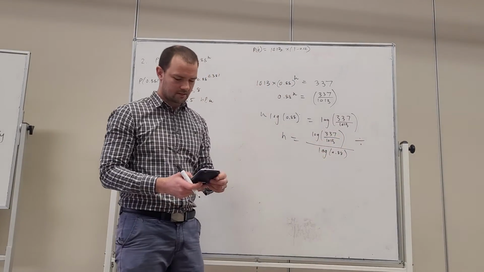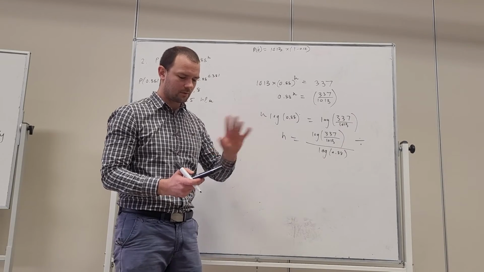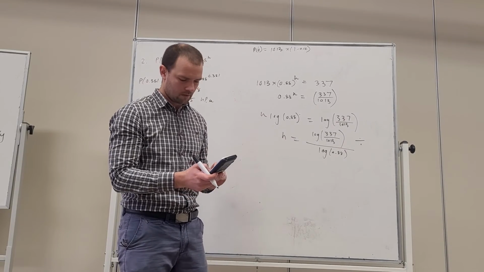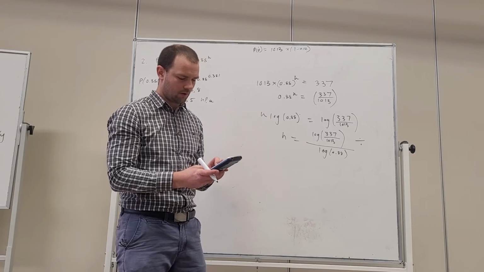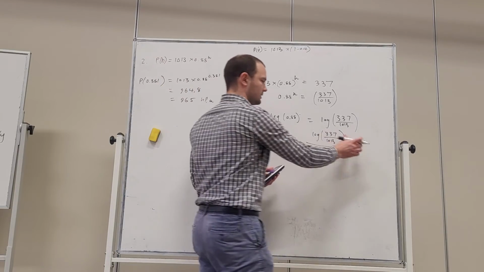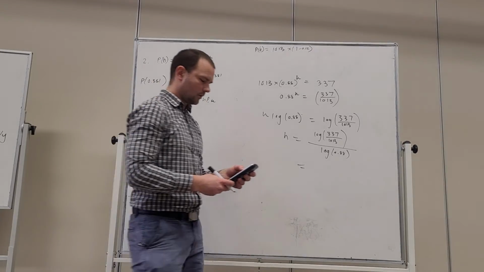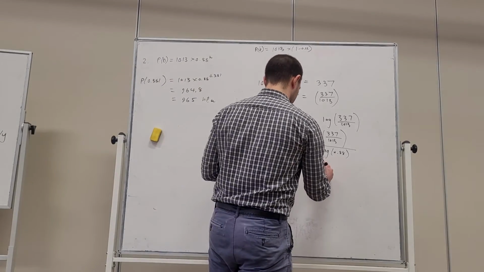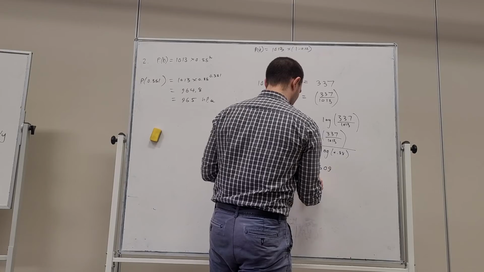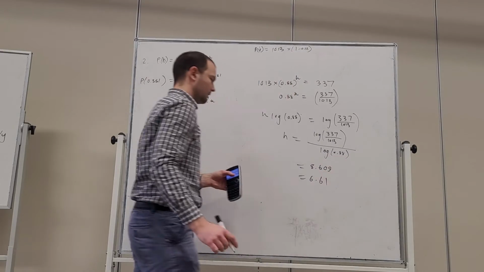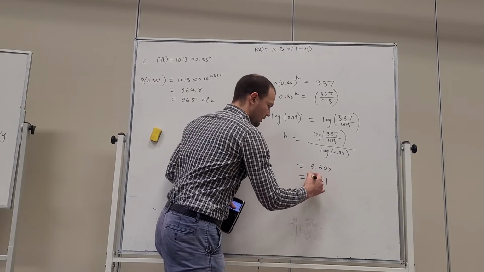I'm not going to express it as two fractions because sometimes it can be a little bit risky, you can get it around the wrong way. So divided by log 0.88. And then you're very clear what's at the top and what's at the bottom of the fraction. Let's do that. I've got 8.609, or 8.61, three significant figures.